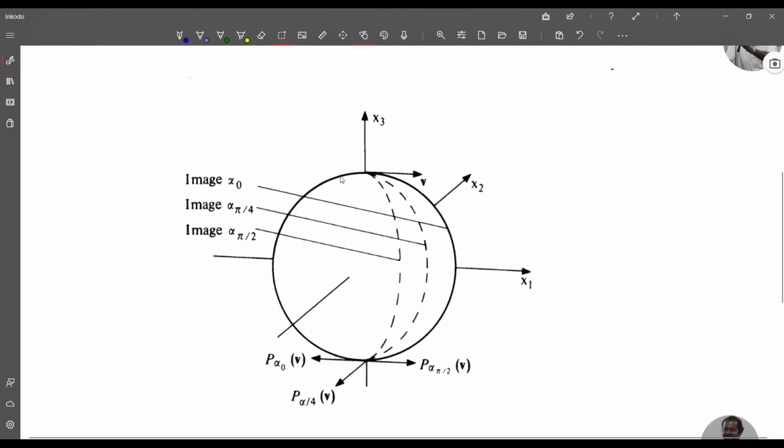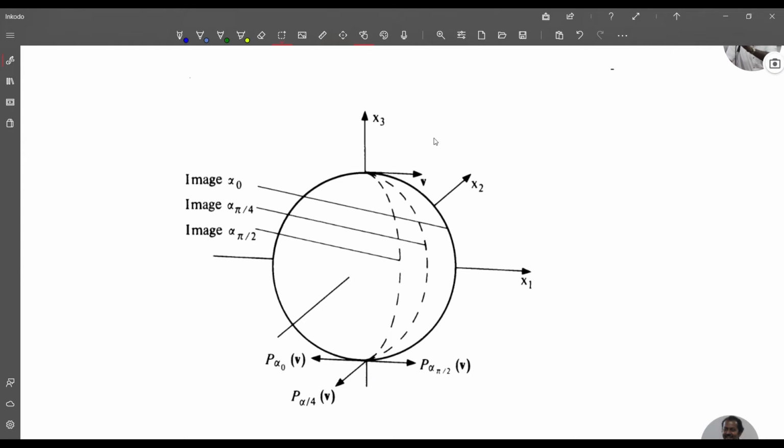For example, you consider the n surface as the sphere, and you consider the vector V at the point P. Suppose that alpha naught is this curve, then P alpha naught of V is this vector.